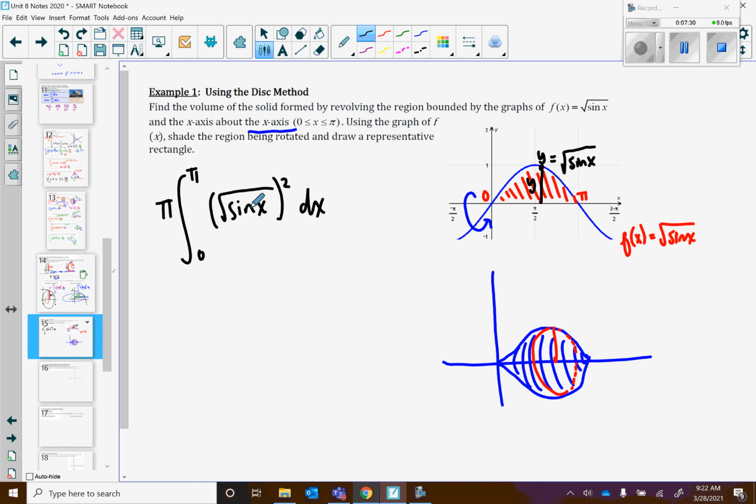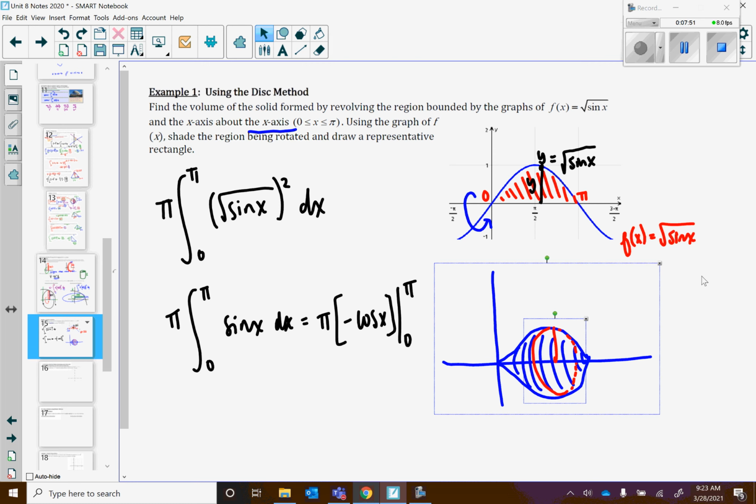I would start by squaring the square root. So I really have pi times the integral from 0 to pi of sine of x with respect to x. The antiderivative of sine is negative cosine, and we are evaluating that from 0 to pi.